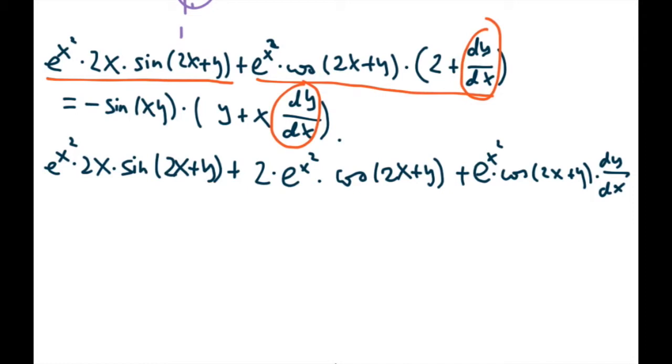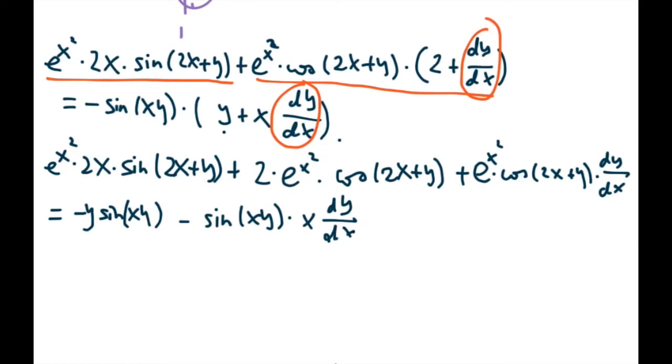This is the left-hand side. This is equal to negative sine xy times y, that is negative y times sine xy, minus sine xy times x dy over dx.